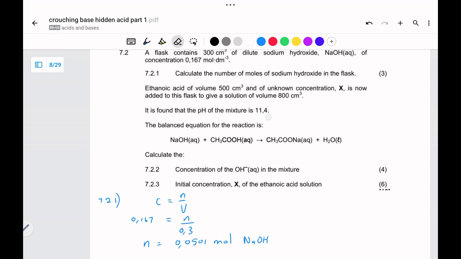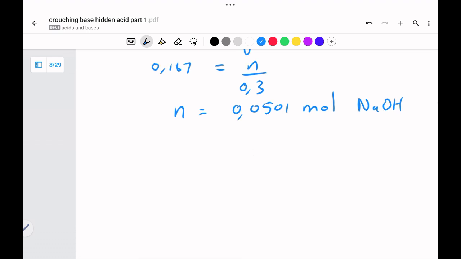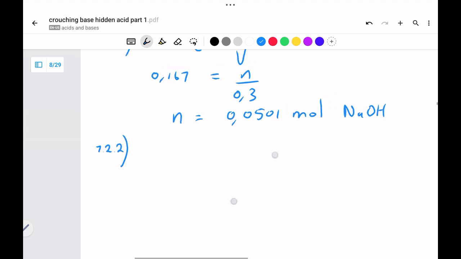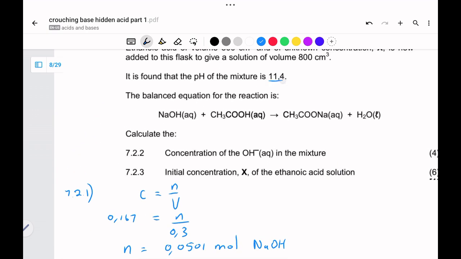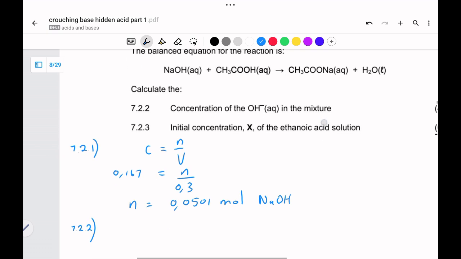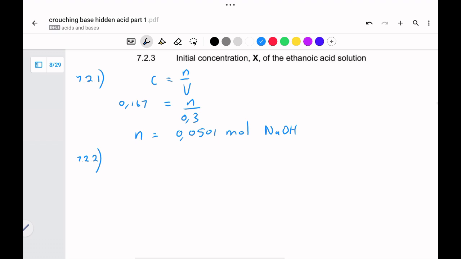Okay, so the next question, calculate the concentration of the OH minus ions in the mixture. We're going to use the pH, right? Remember, pH tells us about H3O plus concentration, but we can turn that into OH minus concentration using our Kw constant.